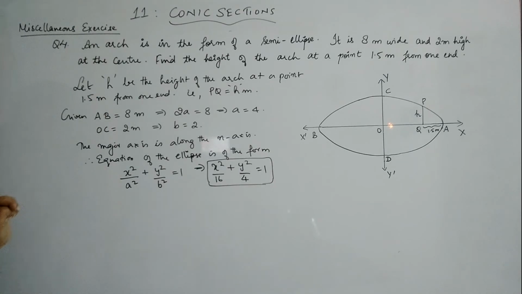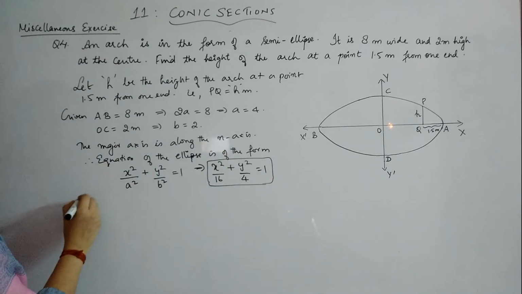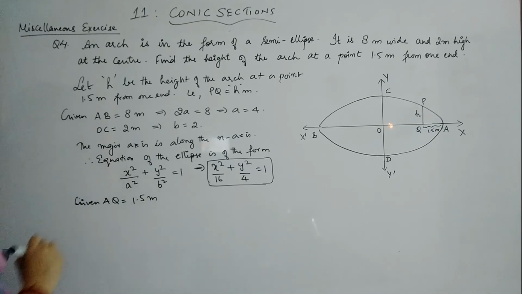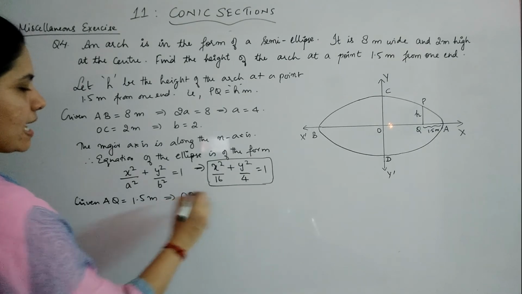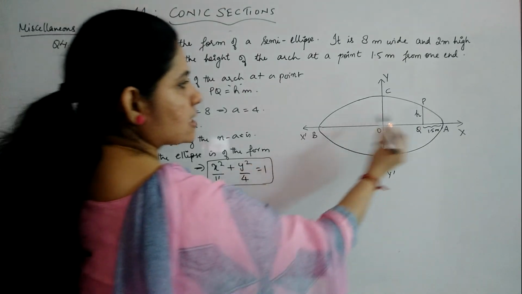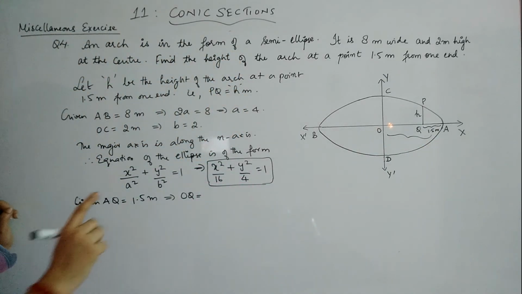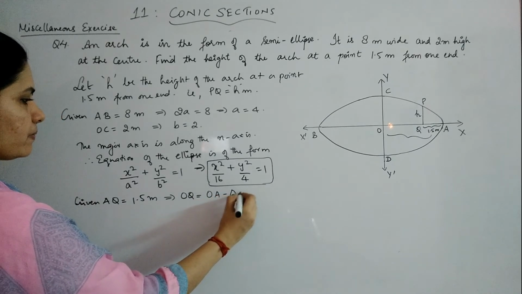Okay, now what is given again? AQ is given to be 1.5 meters. So what will be OQ? In total this is 8, so this much, that is OA, will give you 4. So OQ can be written as OA minus AQ.